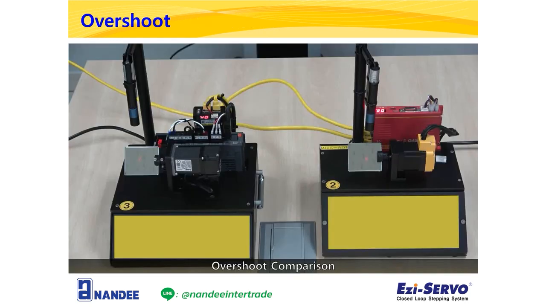I'll show you the overshoot with a demonstration which has the same structure as the demonstration you saw earlier. The motors will move 90 degrees at 2400 RPM speed with 50 milliseconds of the acceleration and deceleration time. Now, let's see how the overshoot differs when two motors are moved under the same conditions.